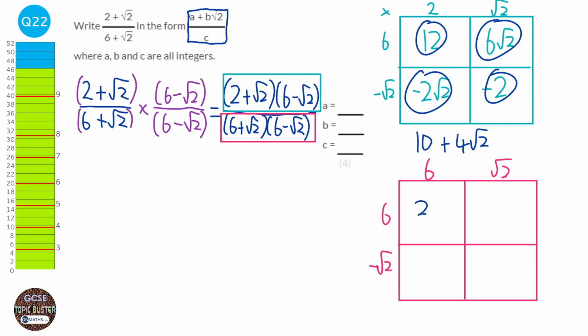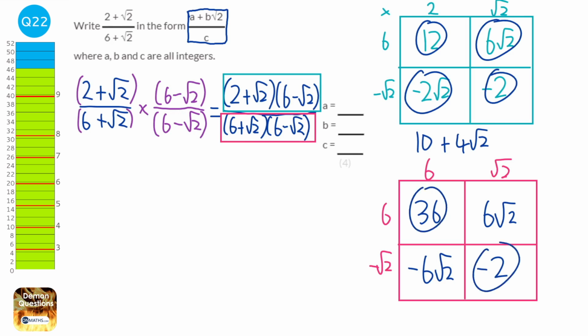So 6 times 6 is 36, 6 times root 2 is 6 root 2, 6 times negative root 2 is just negative 6 root 2, and then we've got a minus and a positive make them negative, and then root 2 times root 2 is just minus 2. And so when we add them together, we've got the 36 and the minus 2 there, so that would be 34.